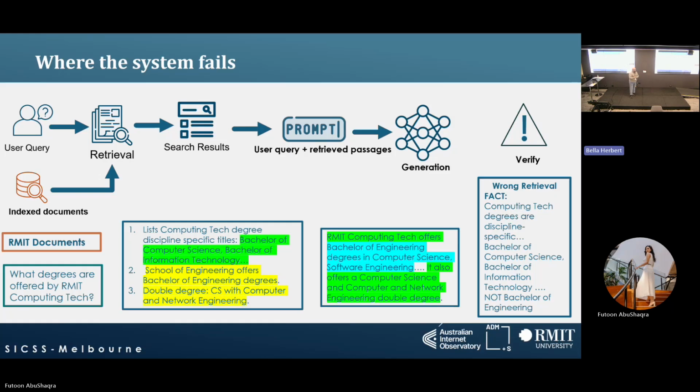But the final answer, the blue part, refers to Bachelor of Engineering in Computer Science, Software Engineering, and so on. That was inferred because there were references to the School of Engineering and Bachelor of Engineering degrees in the yellow part, the retrieved search results.